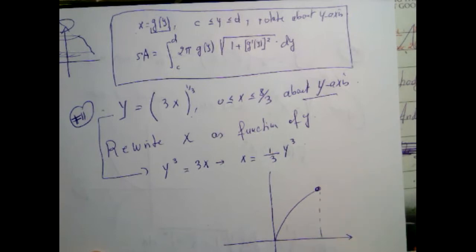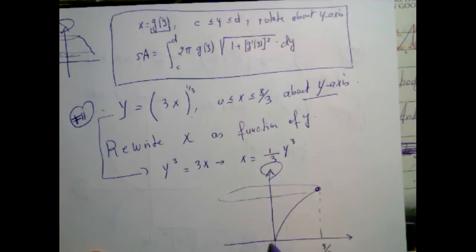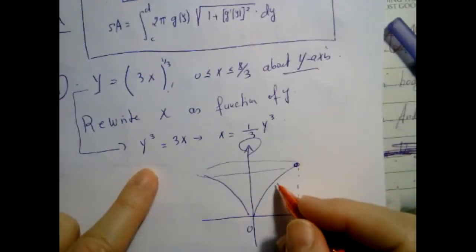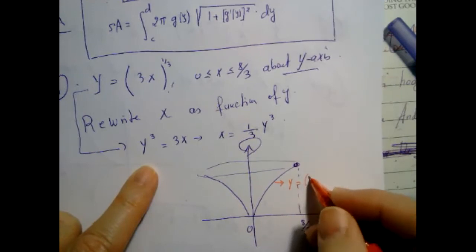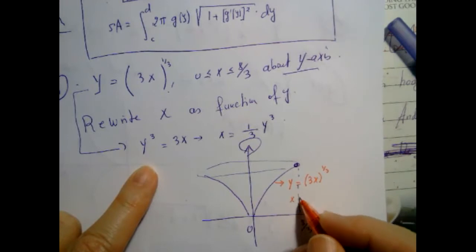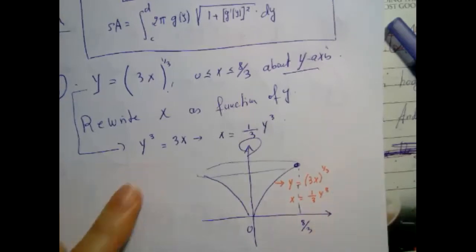And this is 8/3. And you're going to rotate around the y-axis. So step number 1, we have to write x as a function of y. So y = 3x^(1/3) means x is 1/3 y cubed.